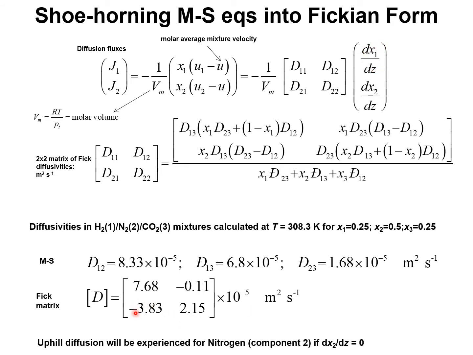D21 is large and negative, and therefore we should experience uphill diffusion for conditions in which we can ensure that dx2/dz is 0. Let us see if this expectation is borne out in experiments.